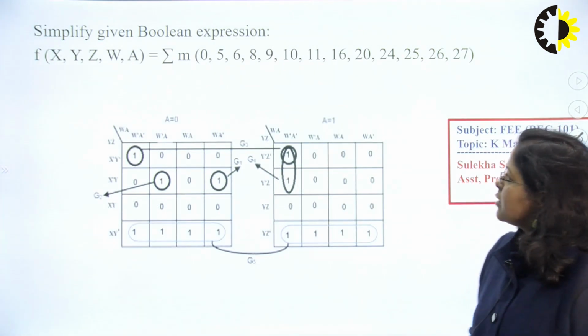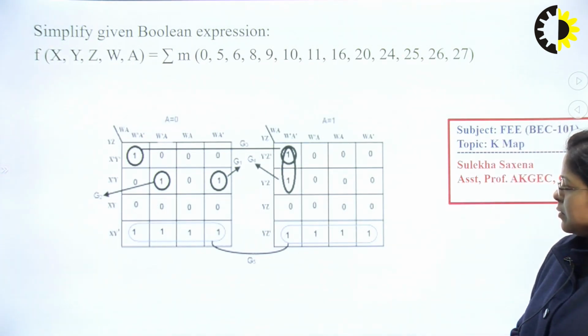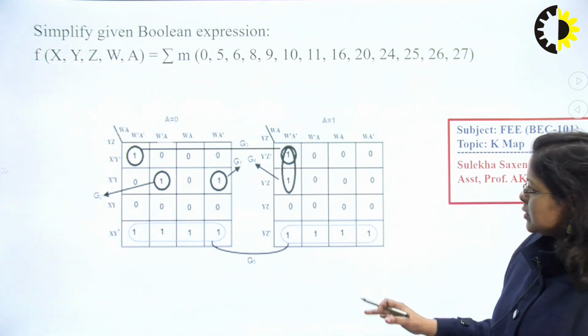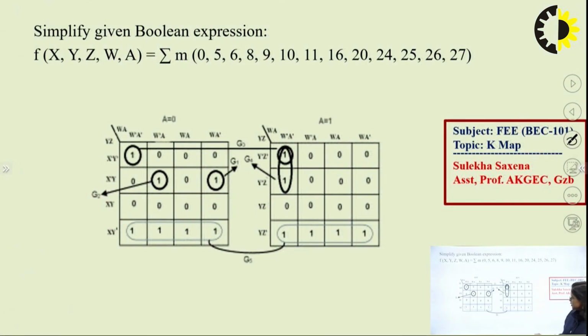Again we take one more example of a 5 variable K-map. It's quite similar to the previous one, only I will cover up the grouping, that is there are 4 ones on the denominator side, considering there is a group of 8, that is 1 octet. Then 1 pair, these 2 ones again and these 2 ones form one more pair, and the 2 singles.